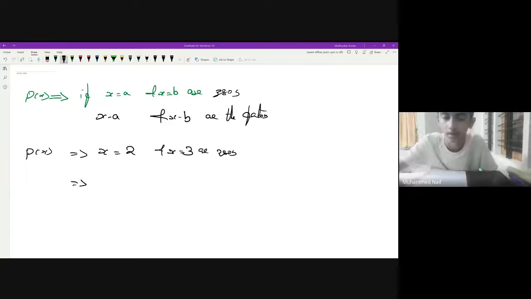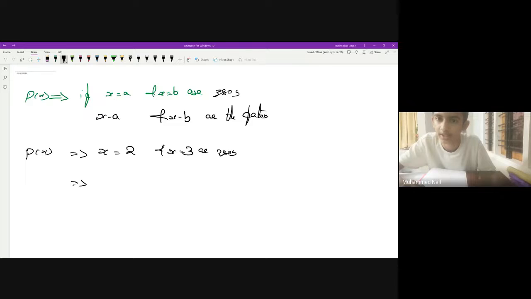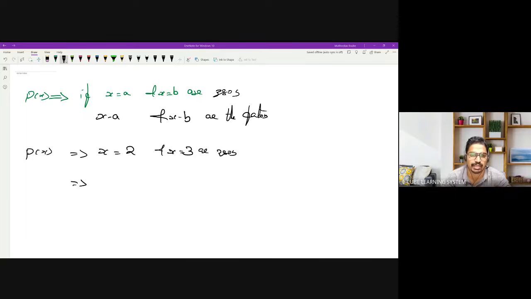Then who are the factors? x minus 2 and x minus 3 are the factors. This is what we can write.